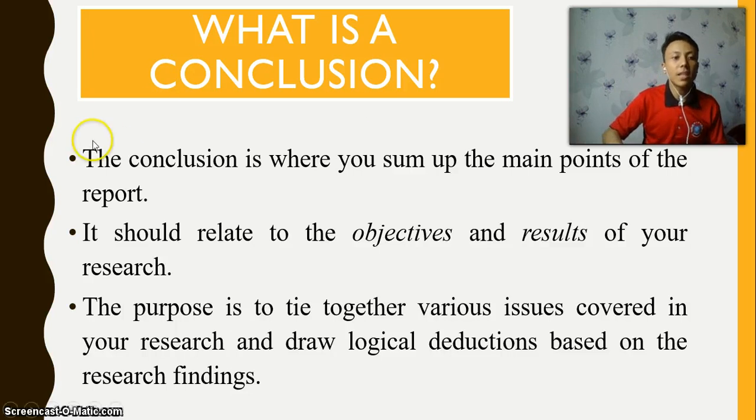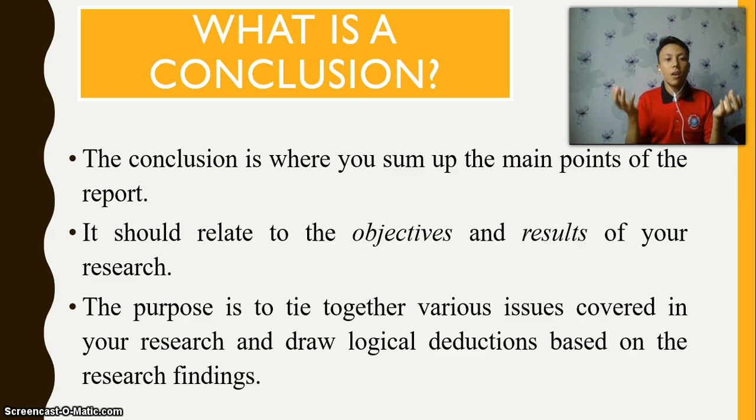Okay, so we can see right now that we have 3 points. The first one: the conclusion is where we need to sum up the main points of the report. The second one: it should relate to the objectives that have been listed in chapter 1, which is the introduction, and the results of your research.